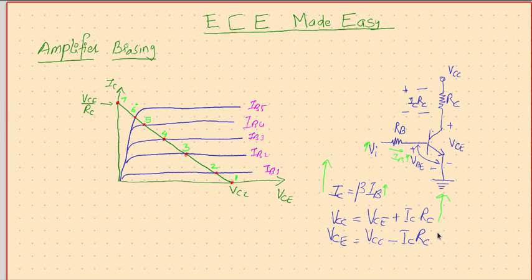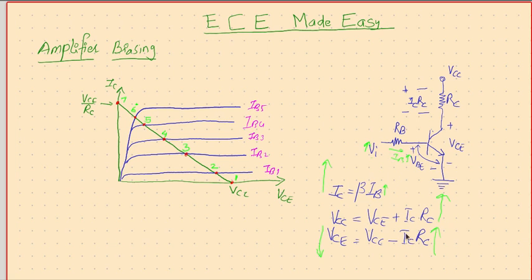And when this is a large increase and this is a constant, therefore there will be a large decrease here. A small increase in VI is going to create a large decrease in VCE, and that's what is the amplification effect.